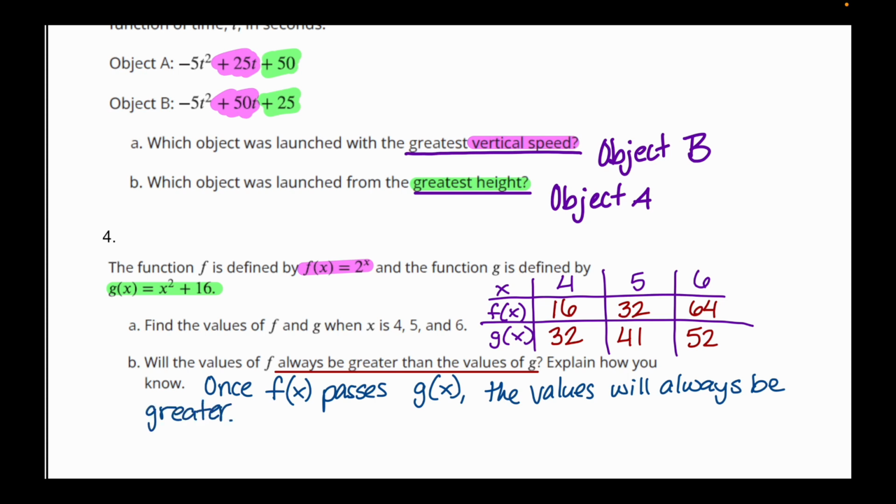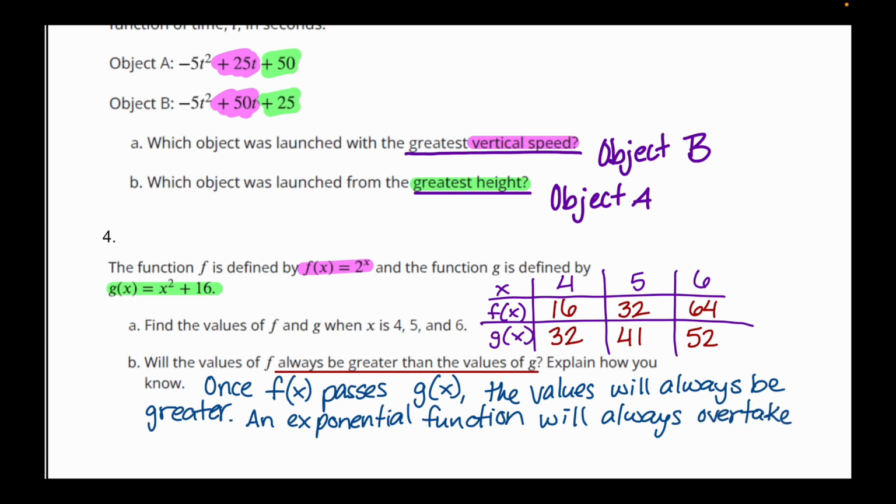We know this because an exponential function will always overtake. This just means to pass up.